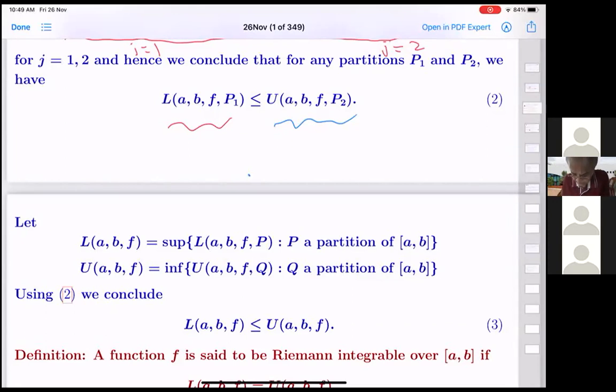Why not? No, but we are taking supremum over all these quantities. So you are missing out the point about supremum. You take a partition, compute this L. So for every partition, you have an L. Now you take supremum, so now we are no longer restricted to finitely many. Each P is finite, but we are not saying that all the partitions have at most 20 points.